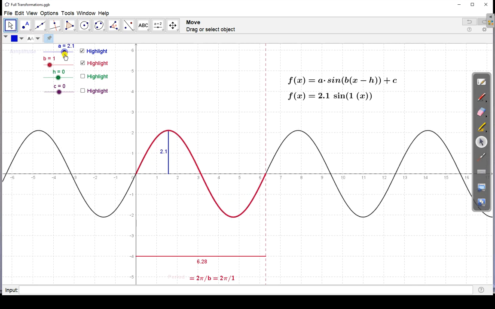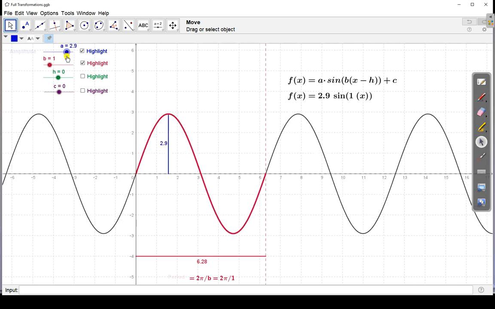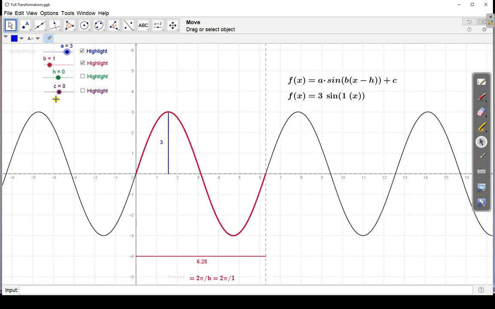You see there, what is called the amplitude is changing. The amplitude is shown right here. The amplitude starts in the middle and then counts up to the tallest peak of the wave. It could also go from the middle to the lowest peak of the wave as well.